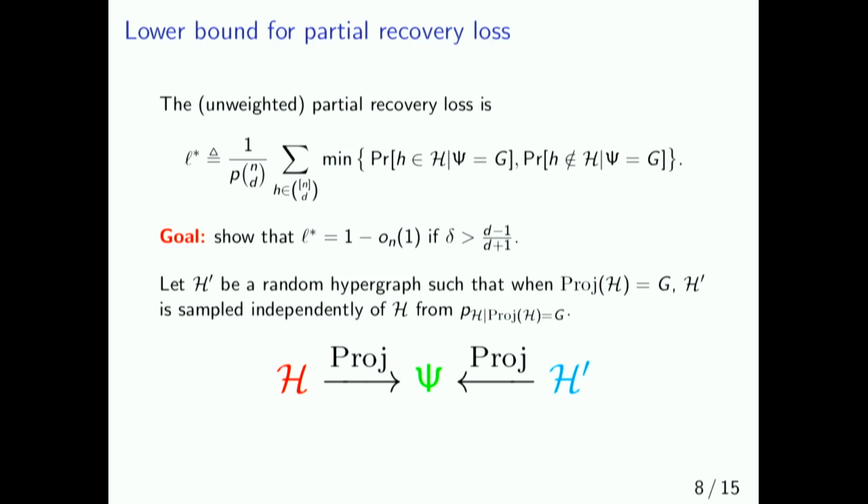The main idea is to construct a hypergraph H prime that is sampled independently of H from the posterior distribution of H when we condition on its projection. Essentially, H and H prime both have the same projection, and they also have the same distribution.